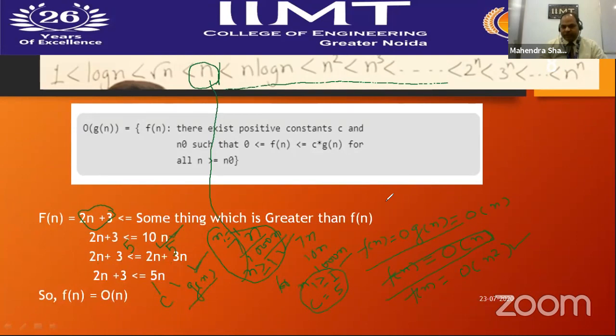Now the question is whether f of n could be order of log n. No. Why? Because log n lies on the left side of n, which is the lower bound. So this is incorrect. But yes, f of n is equal to order of n square could be correct.